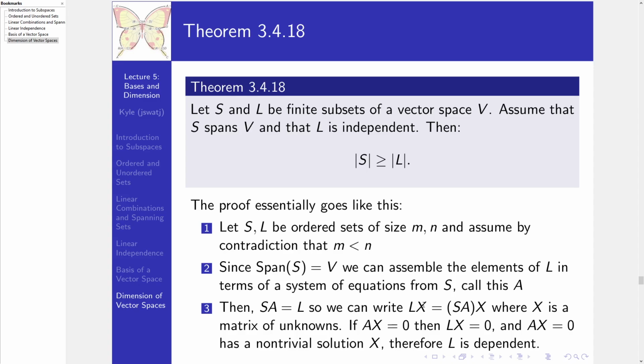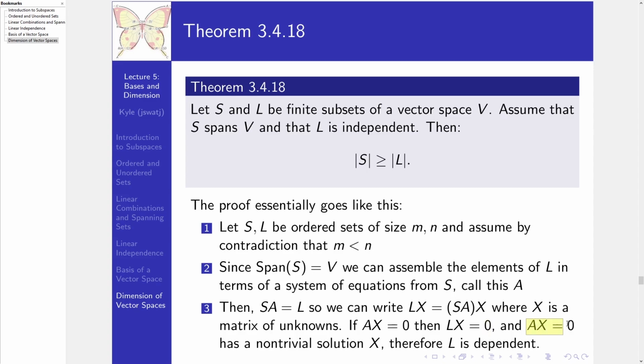Then we can write this as Lx is equal to SAx. So x is just a vector, a matrix of unknowns. And if Ax is equal to 0, then Lx will also be equal to 0.